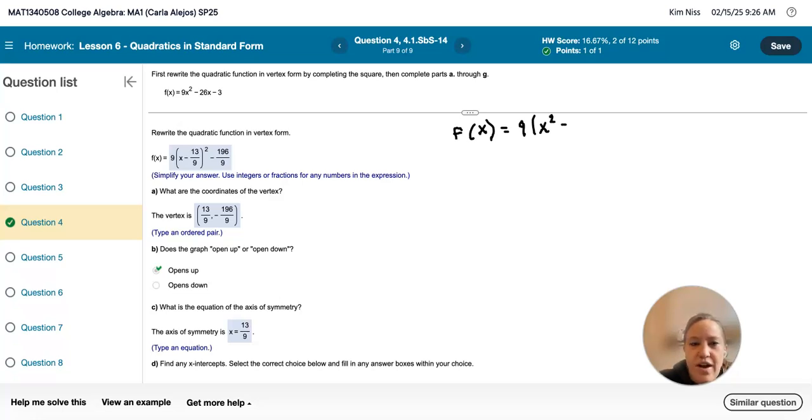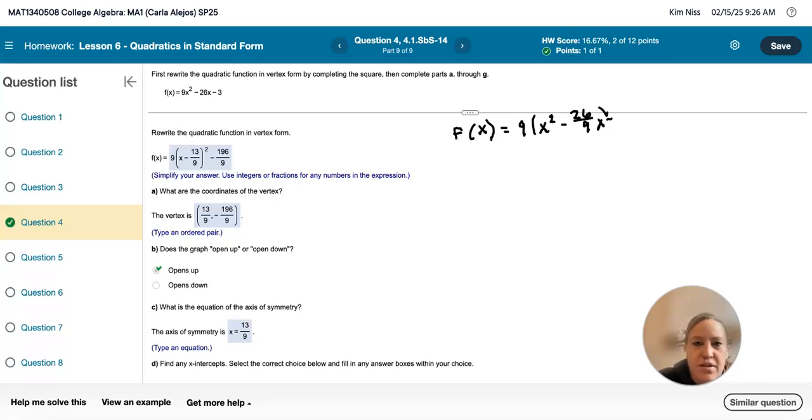Well, the 26x term is going to be a little bit trickier, but really it's just a matter of making your denominator the same as the factor that you pull out, because then if you were to multiply 9 into negative 26, you would get a value that then is divisible by 9, and you'd get back to negative 26. So it's just a matter of making your denominator the same as the factor that you pull out. So we'll just put that over 9.